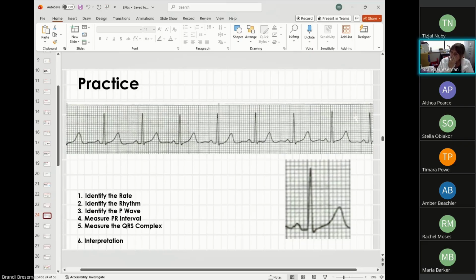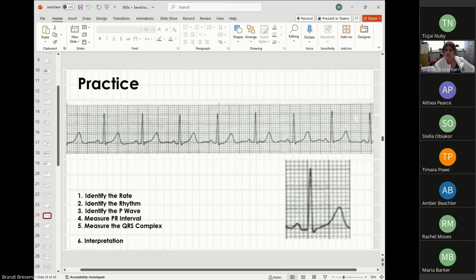So that would be 0.12 to 0.14. Either way, it's within normal. My QRS is like a box and a half, so about 0.06. That's normal. So everything's normal, and that is normal sinus rhythm.